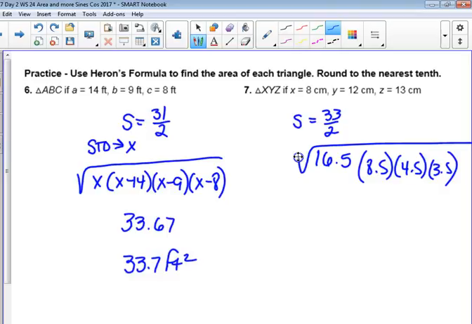I just did all the subtracting in my head, so probably wrong. 47 on the other one.